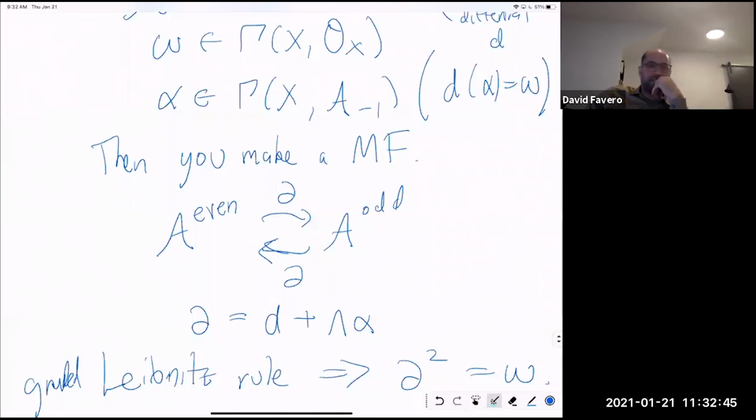The one thing I can say is that the moduli stacks will be really bad. But this construction deals with pretty bad moduli stacks already. So maybe, I don't know.